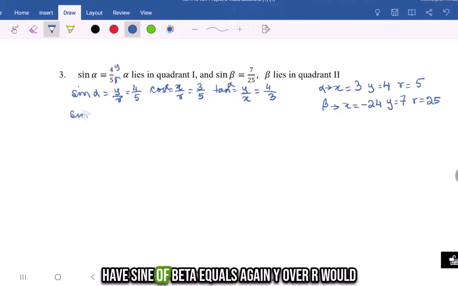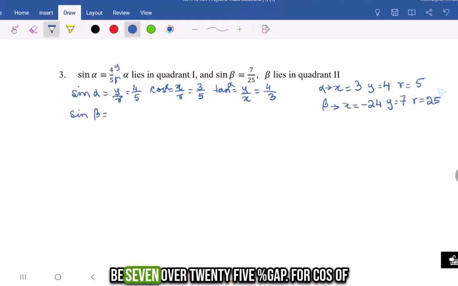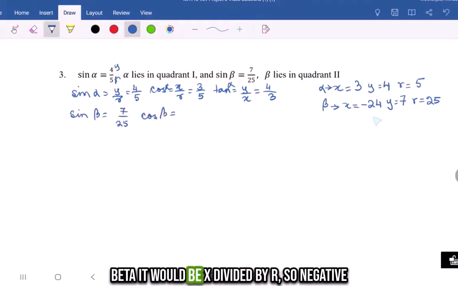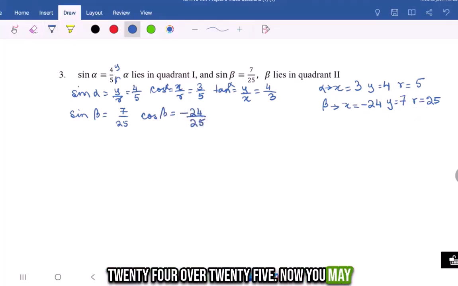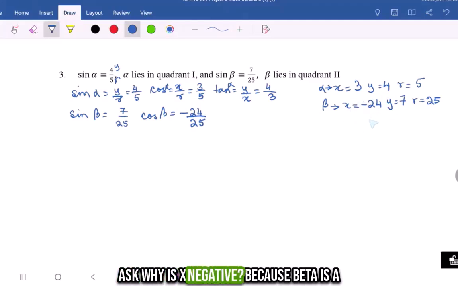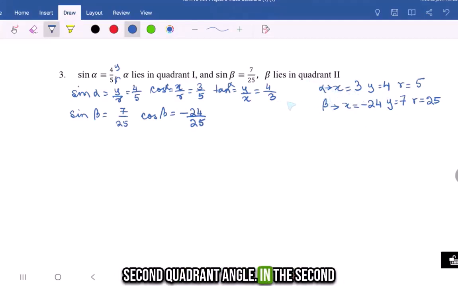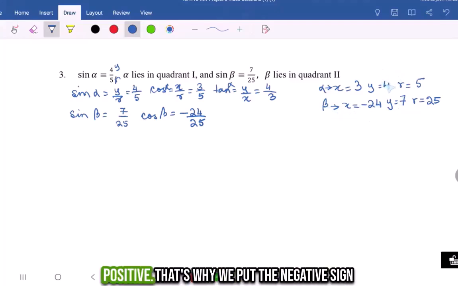We'll have sine of beta equals, again, y over r would be 7 over 25. For cos of beta, it would be x divided by r, so negative 24 over 25. Now you may ask, why is x negative? Because beta is a second quadrant angle. In the second quadrant, x will be negative, y will be positive.